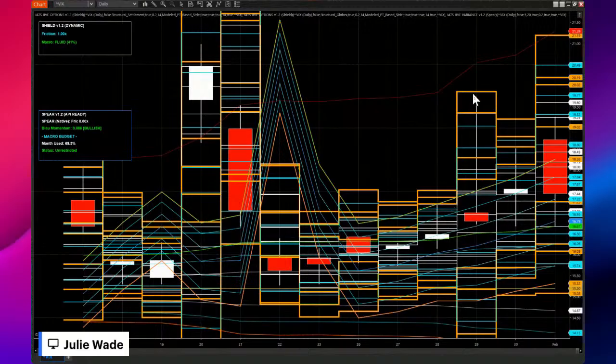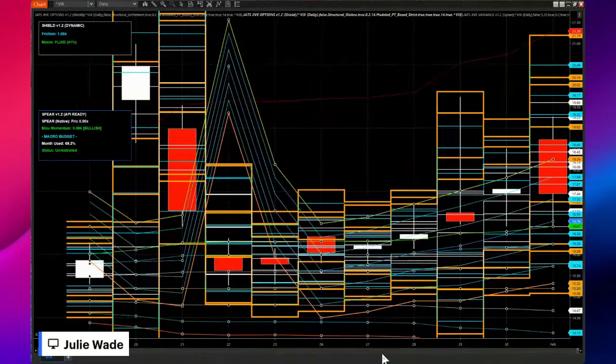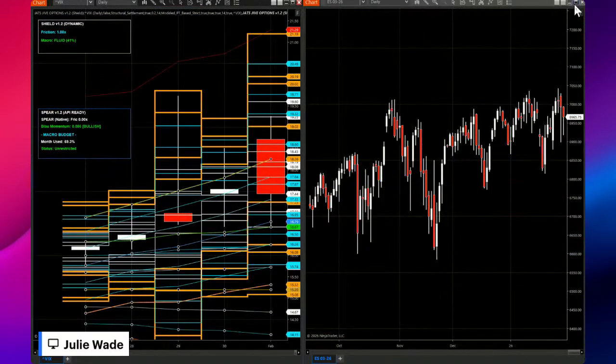And then here we broke and went into the threes. And now we've come down and hit this green isomorphic level with the one. Didn't get down to the threes. But this is isomorphic range, which is the Gaussian distribution based on the VIX index.